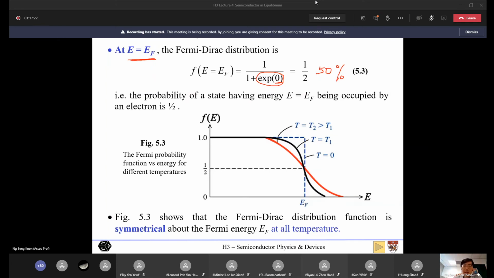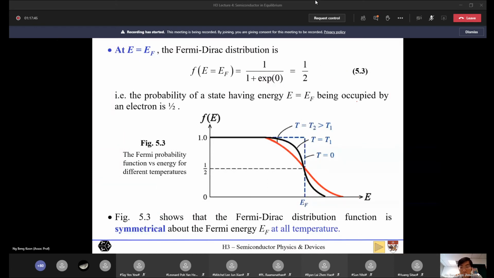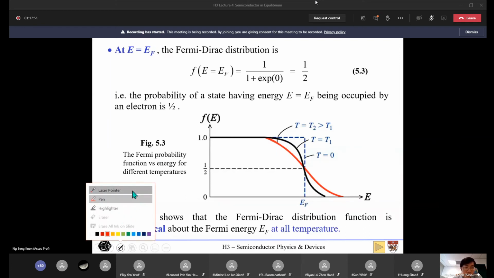All right. In fact, if you sketch the Fermi-Dirac distribution function now for non-zero Kelvin temperature, remember for 0 Kelvin temperature, we actually get this step function, this dotted curve that has a sharp transition at the Fermi level, and then it drops to 0 at energy above EF. That's for temperature equals 0 Kelvin.